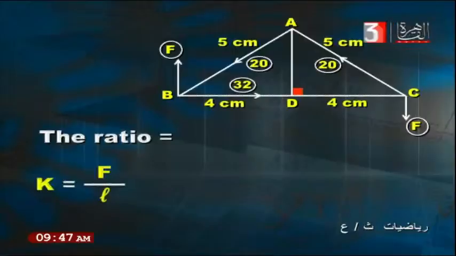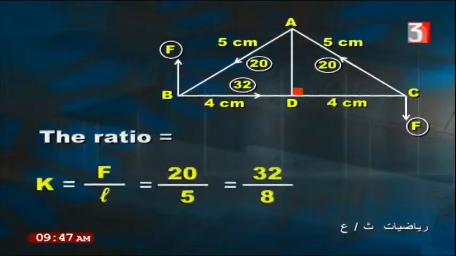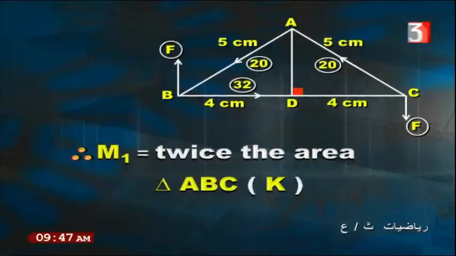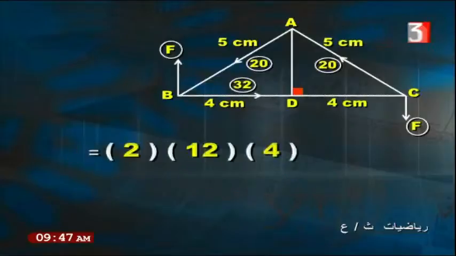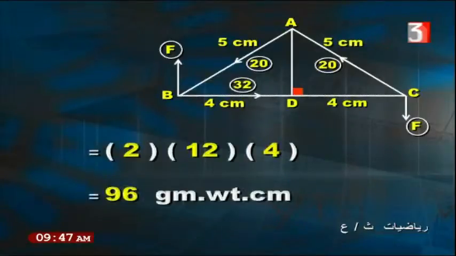K, the ratio between the force and the side, F over L, not L over F, equals 20 over 5 equals 32 over 8 equals 20 over 5 equals 4. Then the moment of the couple is twice the area multiplied by K: 2 times 12 times 4 equals 96 gram weight centimeter.